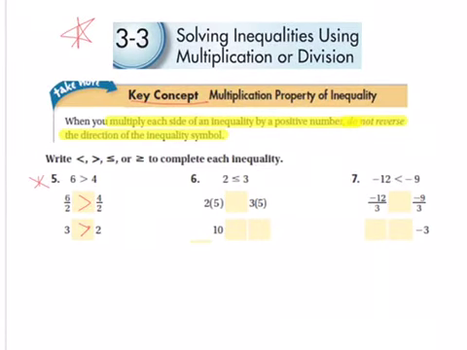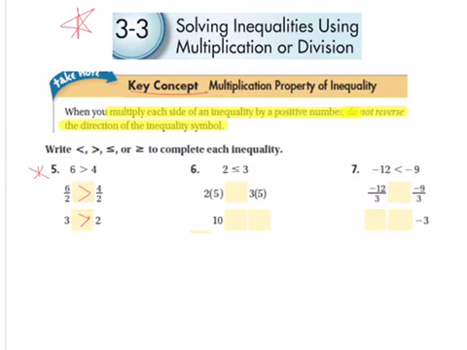If we take a look at this one, we see that 2 is going to be less than or equal to 3. And it asks us to kind of simplify this. So 2 times 5 gives me 10. 3 times 5, I'm going to fill in, is 15. And we're just going to bring down that sign. So we're going to say 10 is less than or equal to 15.